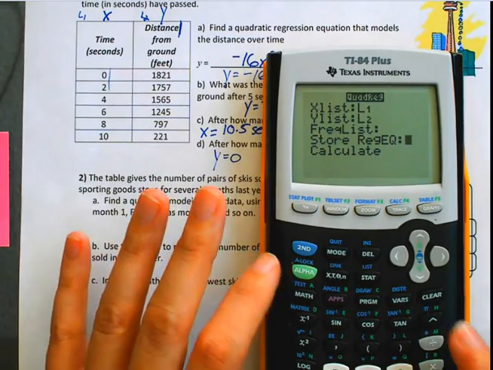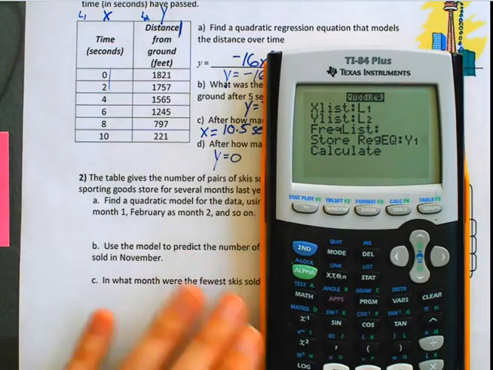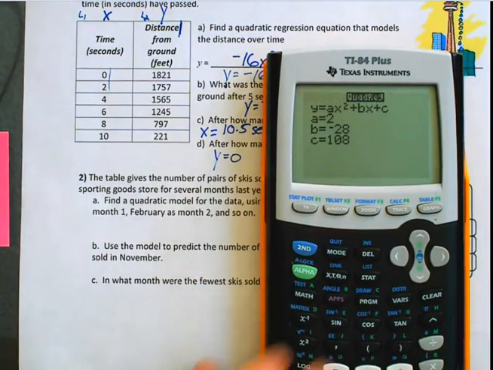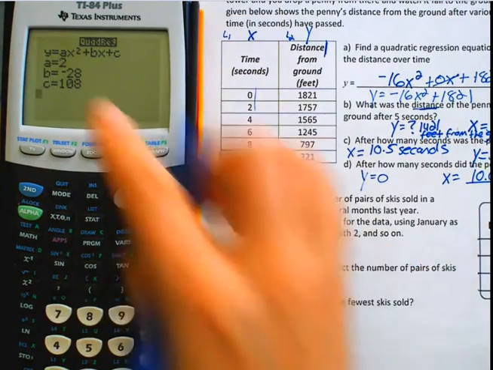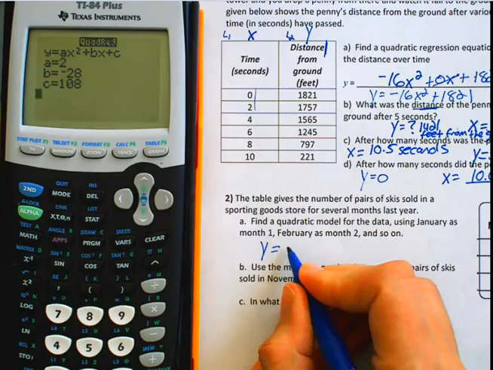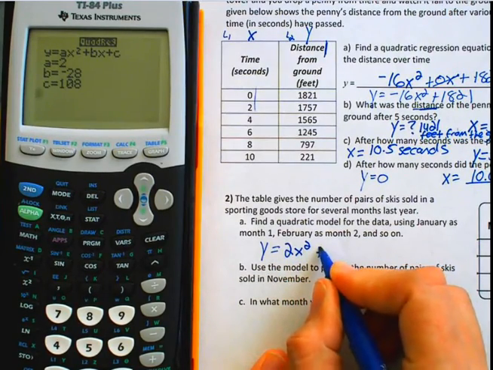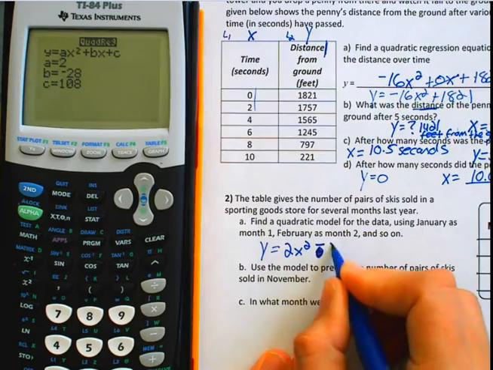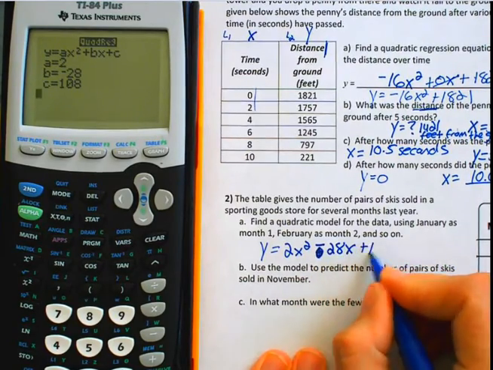And then we're going to do alpha trace and press enter because we want it to paste into y equals, and then calculate. So my quadratic model is y equals 2x squared, and this is actually going to be minus 28x plus 108.